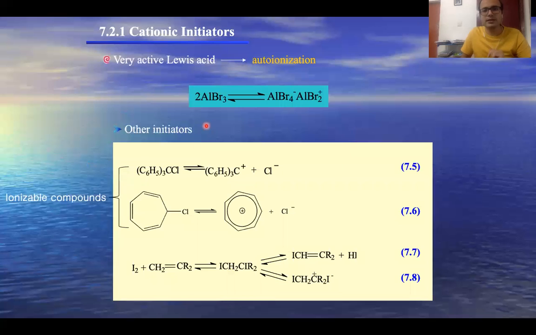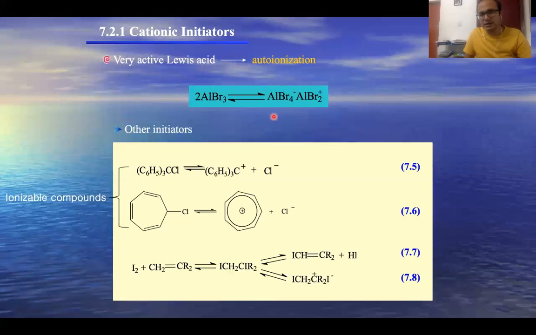So here there is another different type of Lewis acid like AlBr3. AlBr3 has a tendency to auto-ionize. That means it reacts with another molecule of AlBr3 and thereby accepts a Br minus from the other AlBr3, and therefore converts it into AlBr4 minus, and in the process we generate AlBr2 positive.